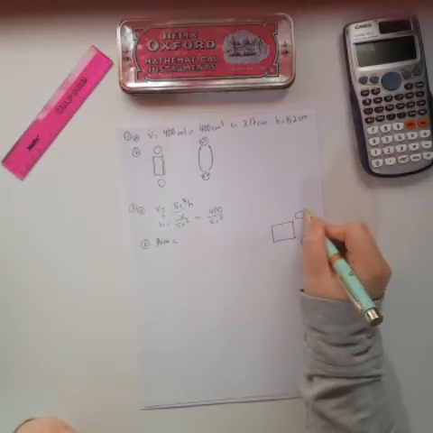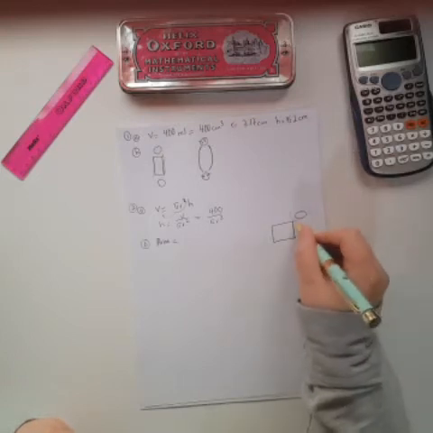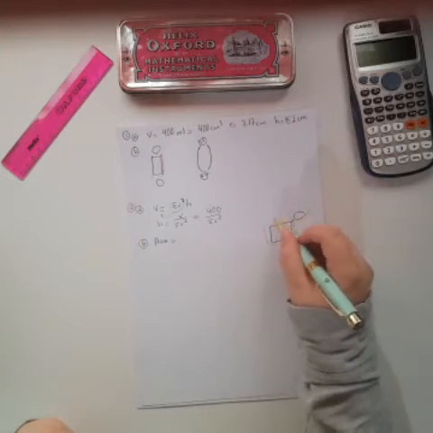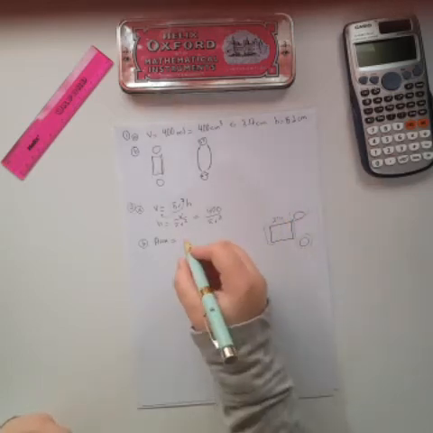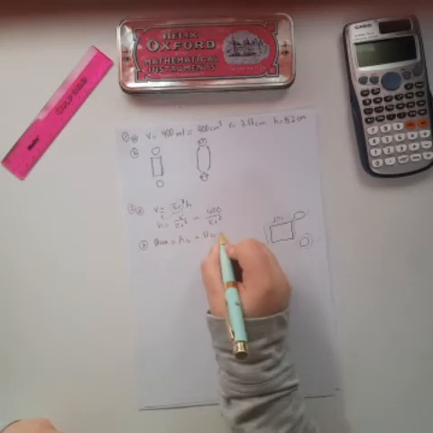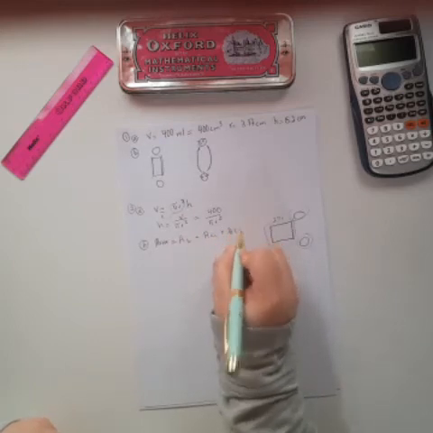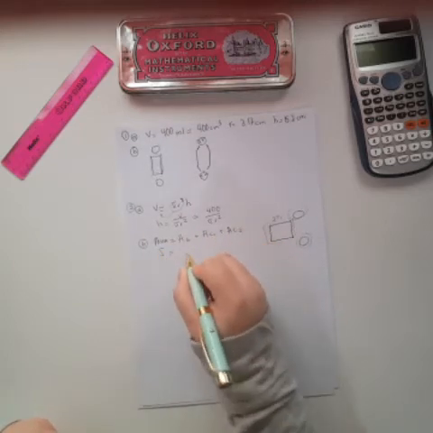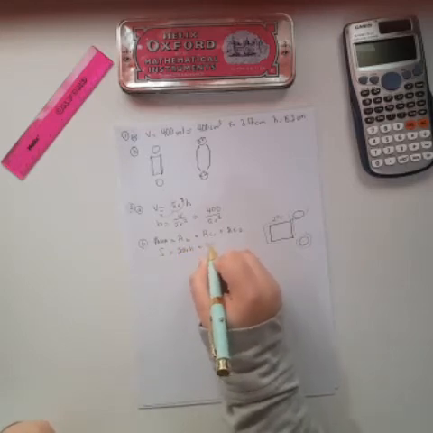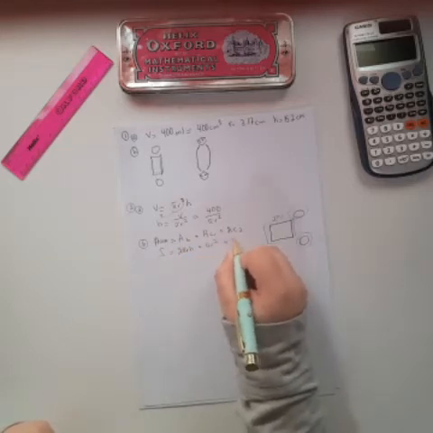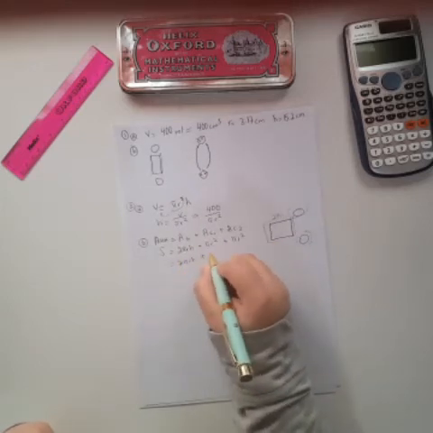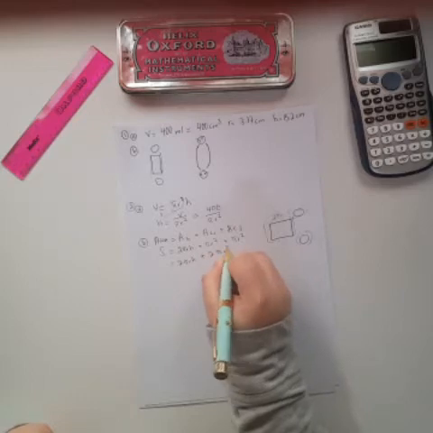Alright, so in here we have two circles, and this with the length of the circumference. So it will be area of the body plus area of circle 1 plus area of circle 2. So S is equal to 2 pi r h plus pi r squared plus pi r squared. So 2 pi r h plus 2 pi r squared.